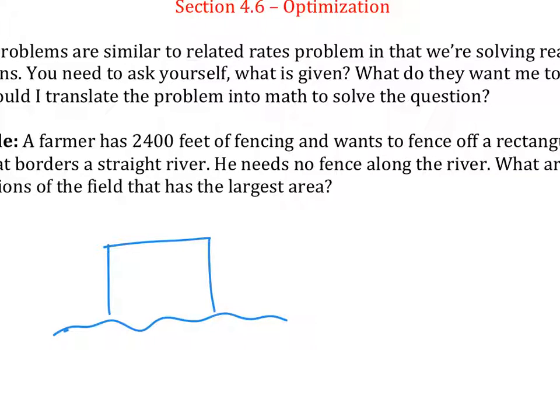Basically, you can draw this fence any way you want, right? And create 2,400. But only one of them is going to give you the largest possible area. Okay, so the question is, how do we do that?